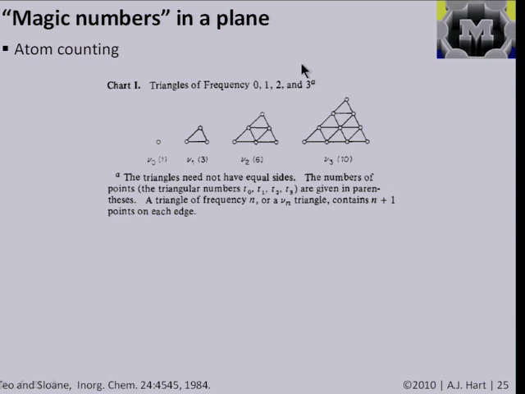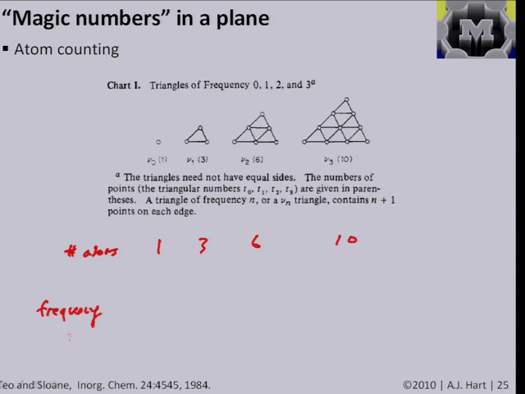So in the formalism of the paper, if we start building atoms in this way, if we look at the number of atoms in the cases here, well, there's 1 here, and there's 3 here, and there's 6 here, and there's 10 here.